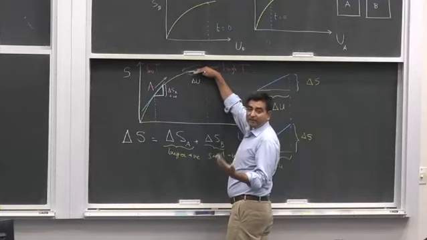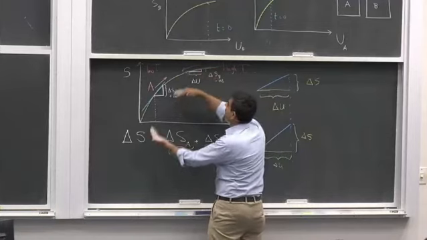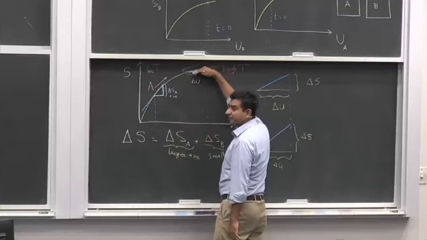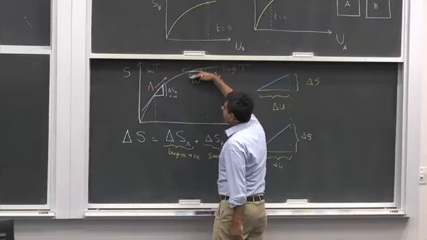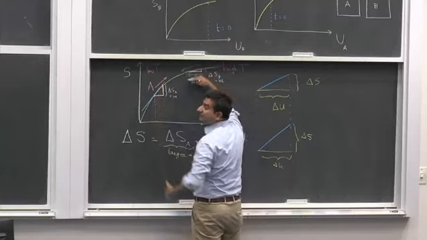And that's what a concave graph is. In a concave graph, the slope further away from the origin is smaller. So since the slope here is smaller, the decrease in entropy is more than compensated by the increase in entropy of A.